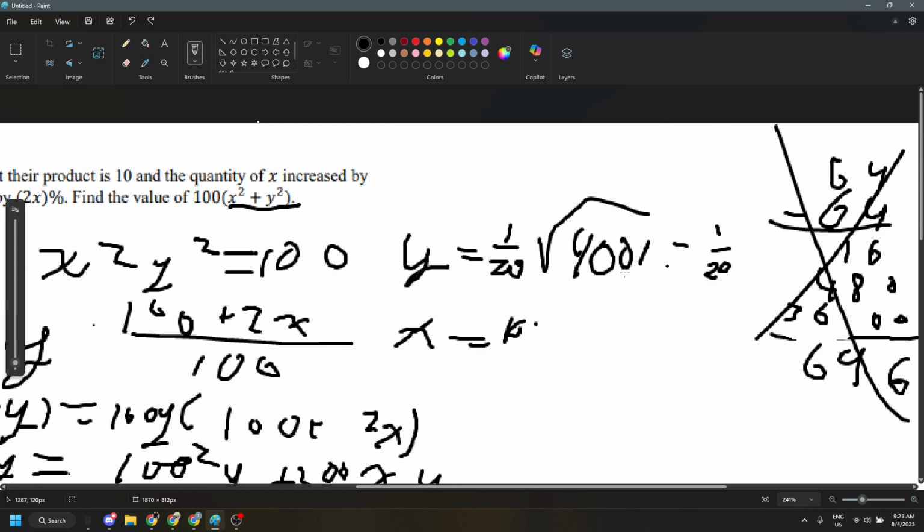Because this is not one term. Times 1 over 20. Wait, maybe I was right. Let's see. No, okay.